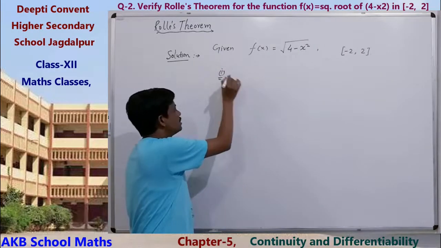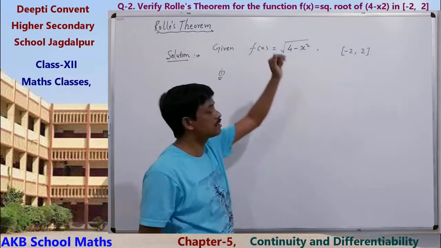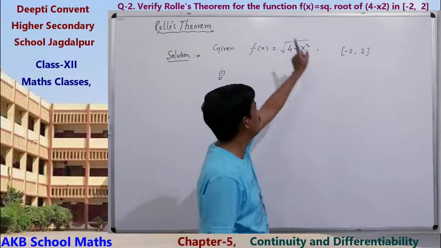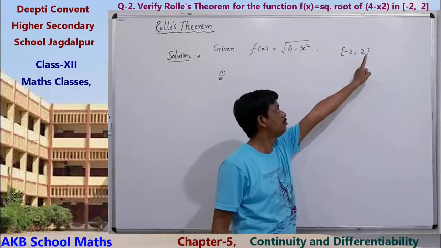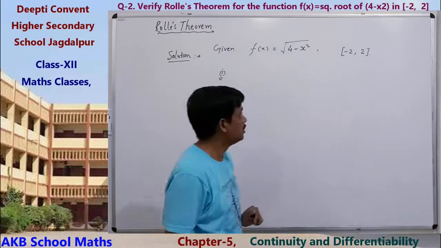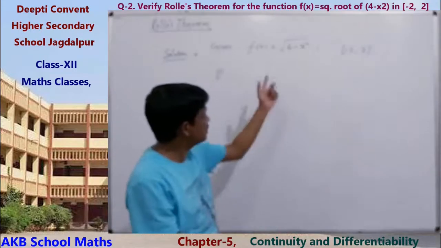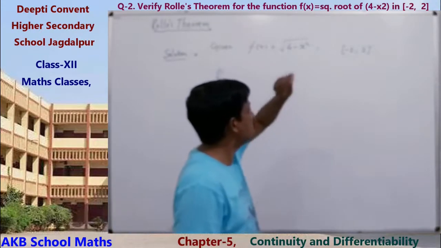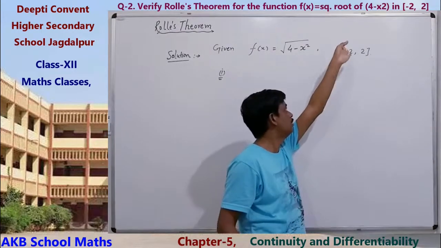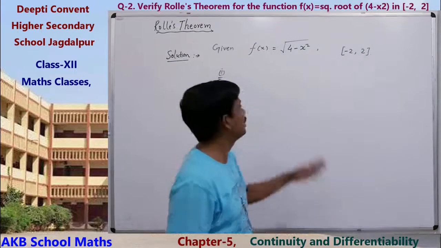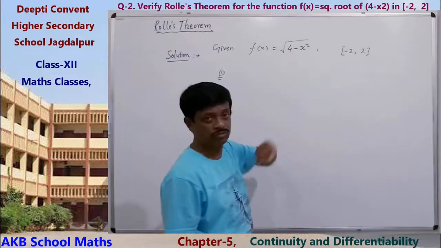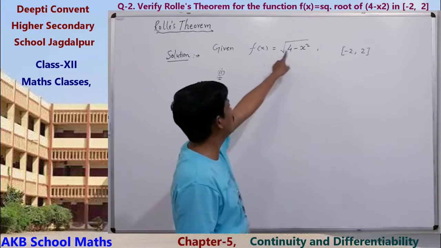What is the first condition? f x is continuous in the interval minus 2 to plus 2. Here we see that if we take any value from this interval, including minus 2 and plus 2, we can get a definite value of the function.